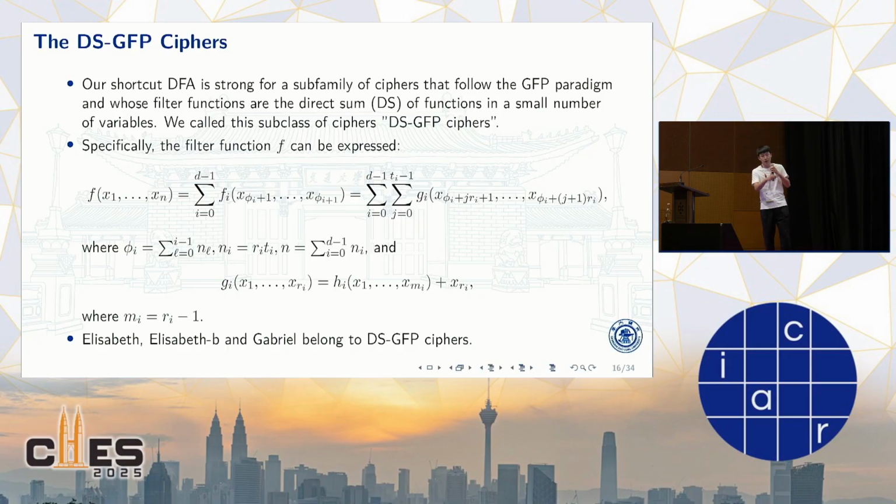DS means direct sum. Specifically, the filter function in a DS GFP cipher can have some different inner functions G_i. For example, the filter function of Gabriel has 2 different inner functions, while Elizabeth and Elizabeth B already have 1.